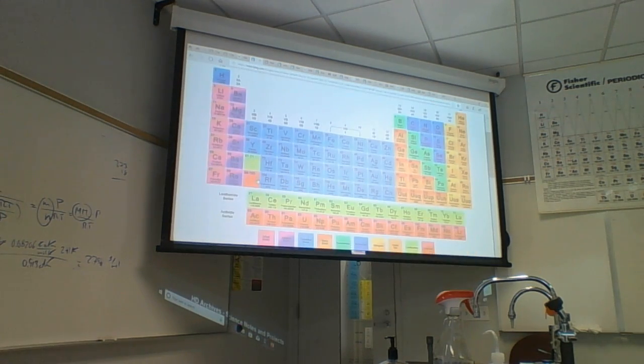Now, in the f, how many f orbitals are there? There's 7 f orbitals. If you have 7 f orbitals, how many electrons? 14 electrons can fill those orbitals.